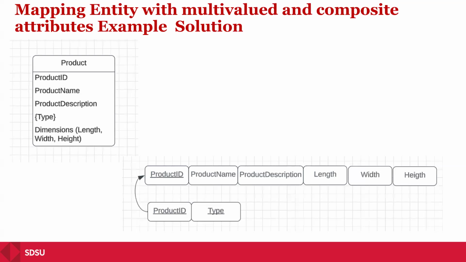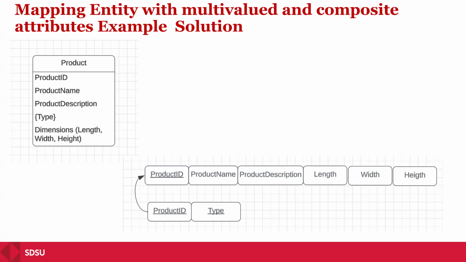Product and product type. So the product relation will have a product ID as a primary key, product name and description, and it's also going to have three extra attributes, the components of the composite attribute: length, width, and height.